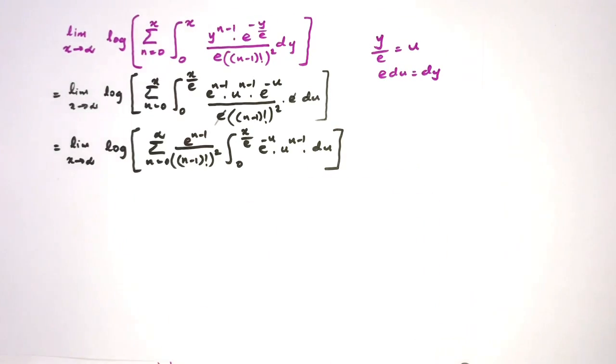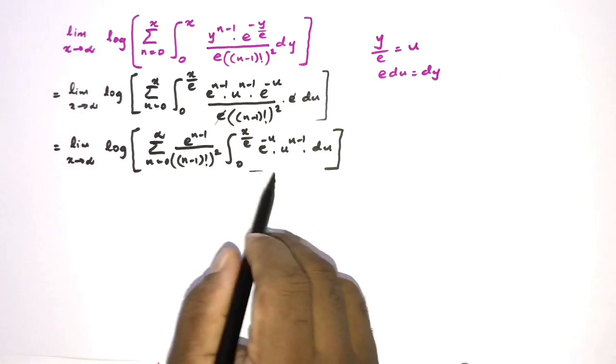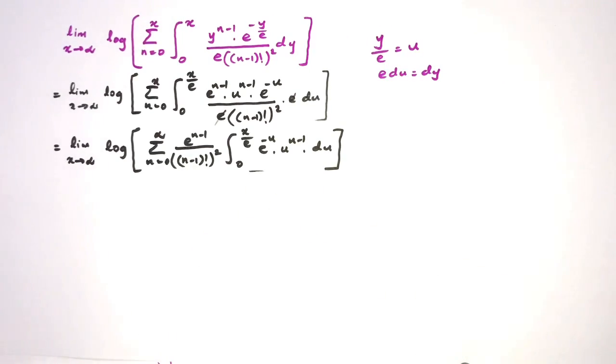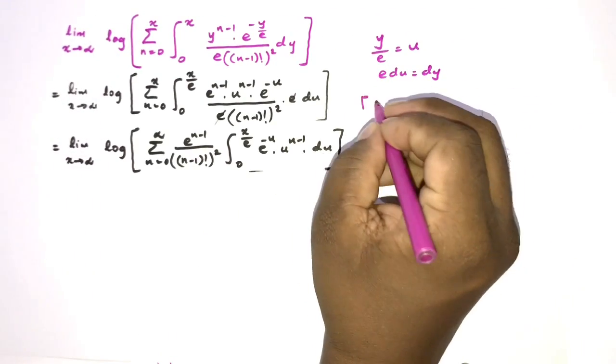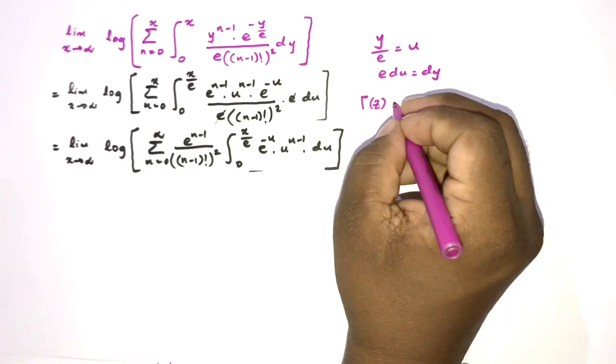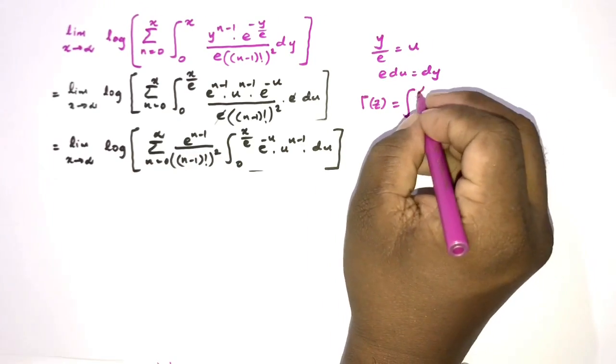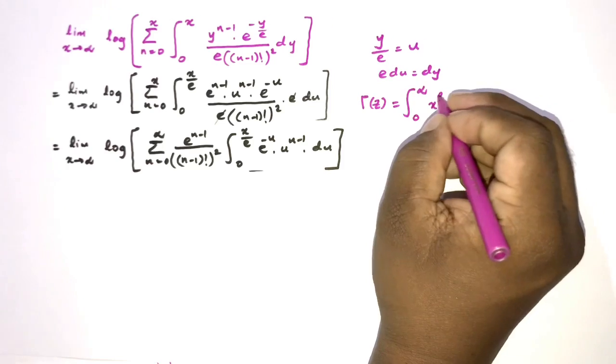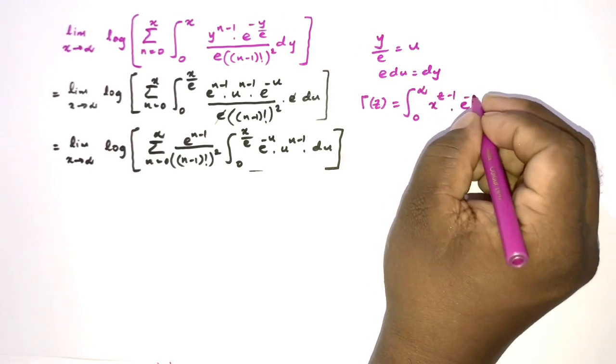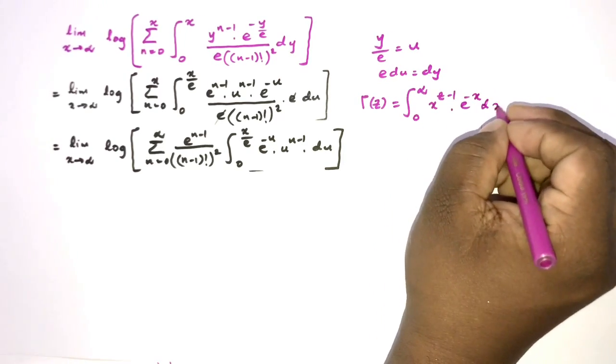Well, I think this integral is familiar to you, because we know the definition of the gamma function: gamma of c is equal to the integral from 0 to infinity of x to the c minus 1 times e to the minus x dx.